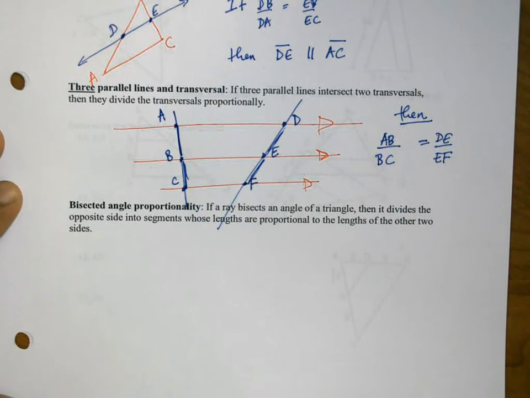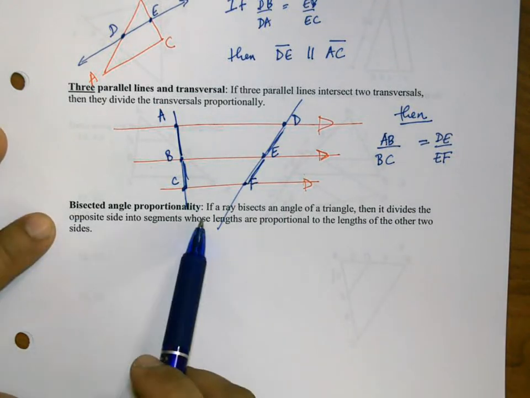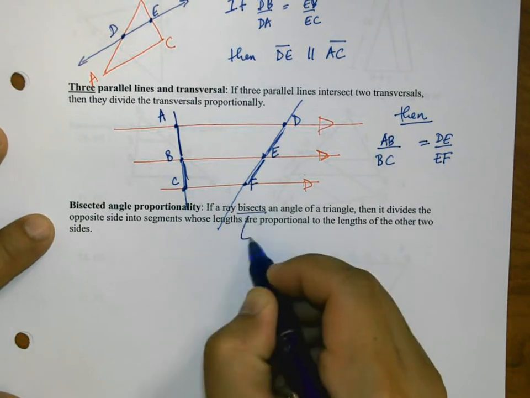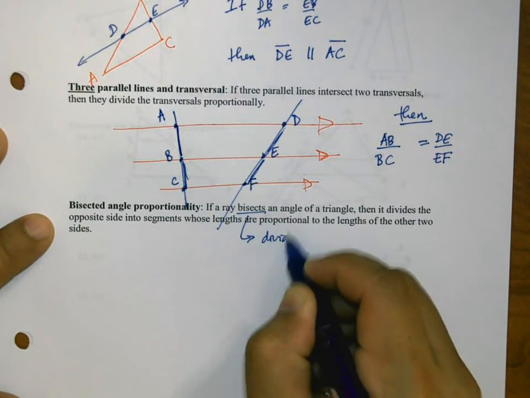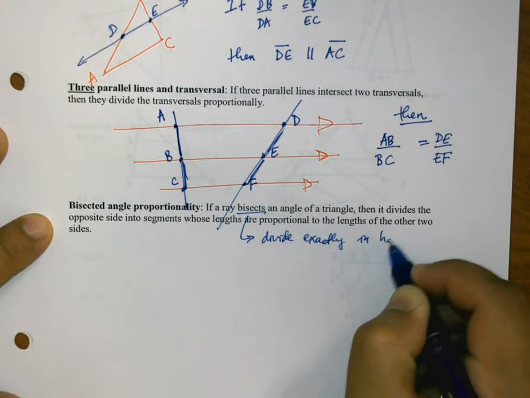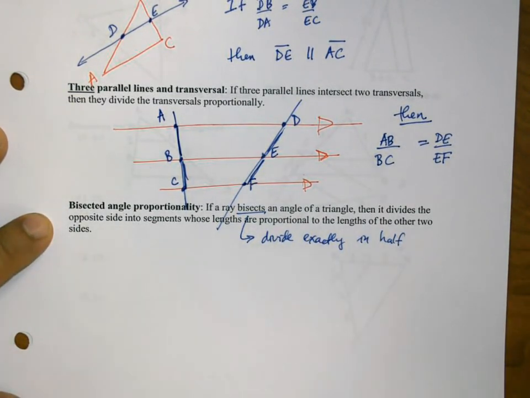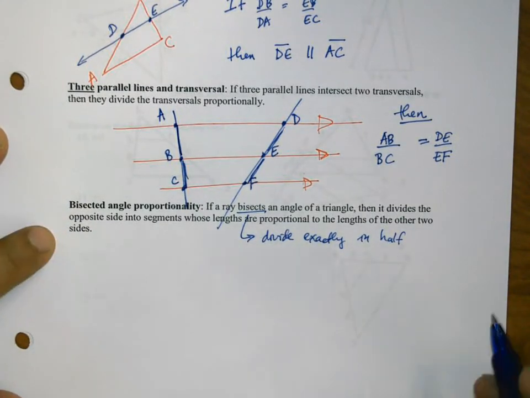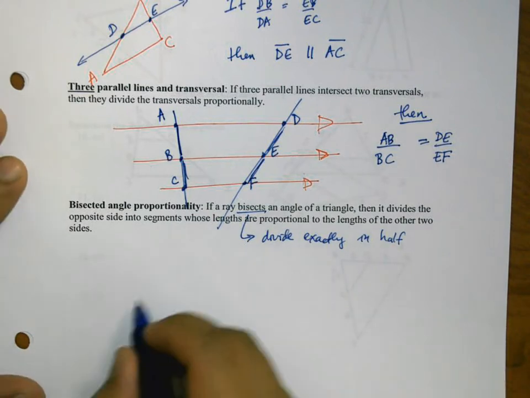Okay. So the last theorem we're dealing with today, bisected angle proportionality. If a ray bisects an angle, and bisects means to divide exactly in half, then it divides the opposite side into segments whose lengths are proportional to the lengths of the other two sides.